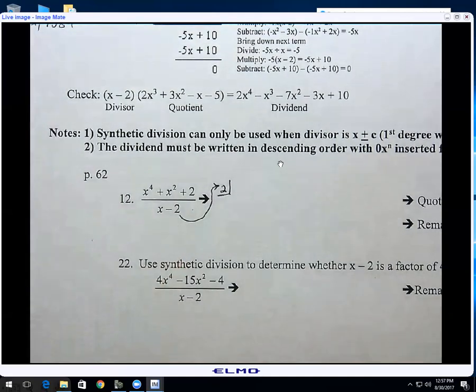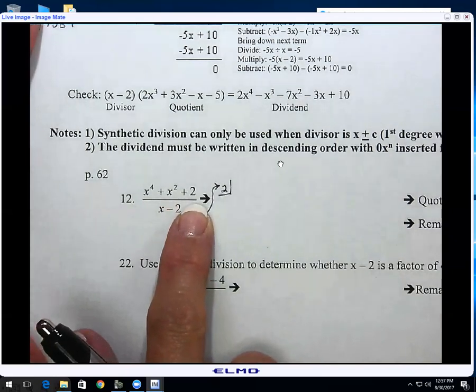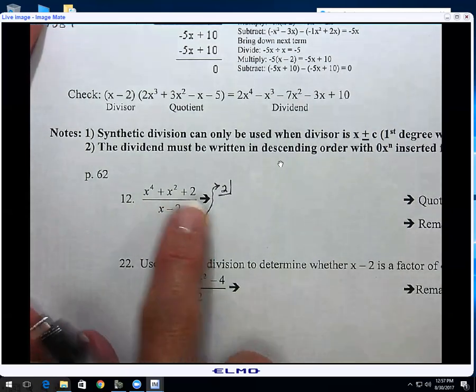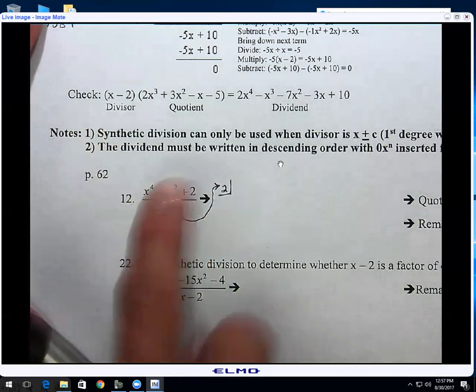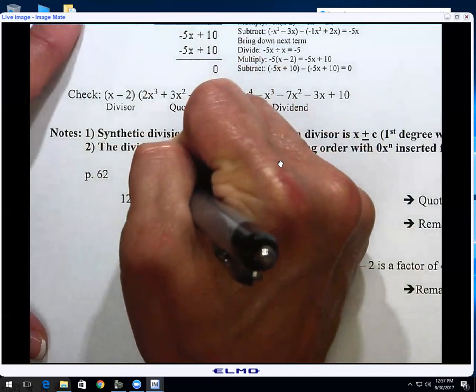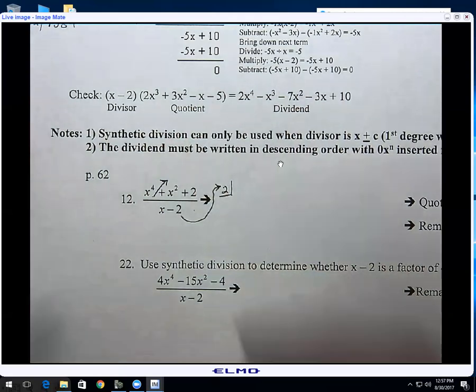And then, before I just start writing the coefficients of the dividend out beside that, I'm going to say, am I missing any terms here? What am I missing? X cubed and x. I have an x to the 4th, I have an x squared, but there needs to be an x cubed between them. And what's the only thing I can put in there that won't really change the problem? I could put 0x cubed.